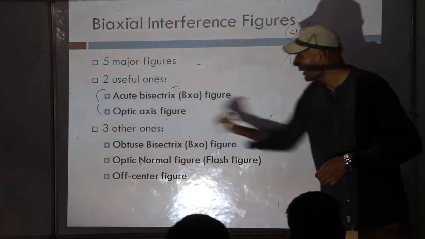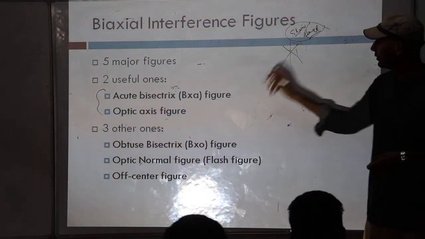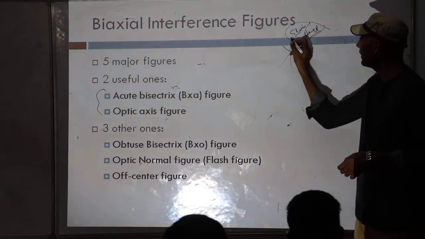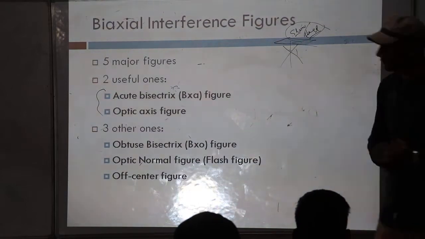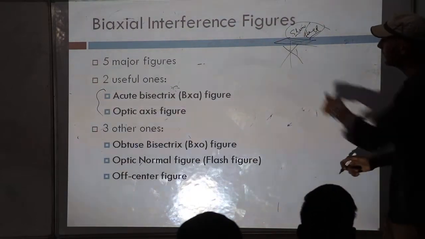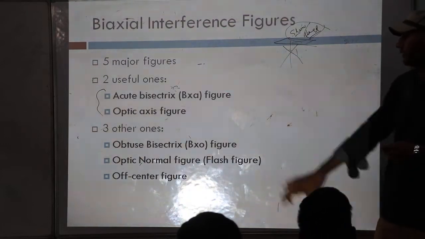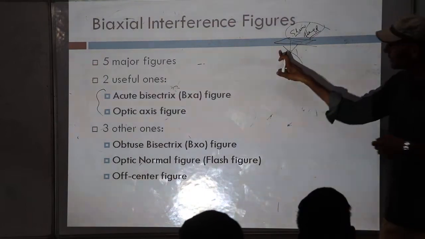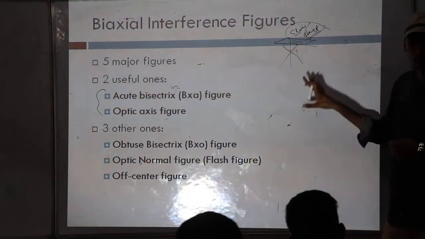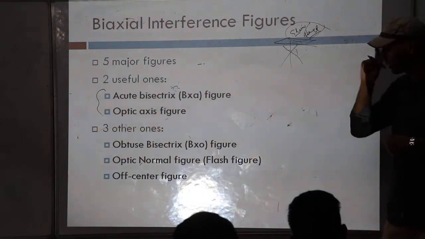Okay. For acute bisectrix figure, you are viewing a section like this where acute bisectrix is at the center of crosshair. For optic axis figure, one of the optic axes is at the center of crosshair, either this one or this one.